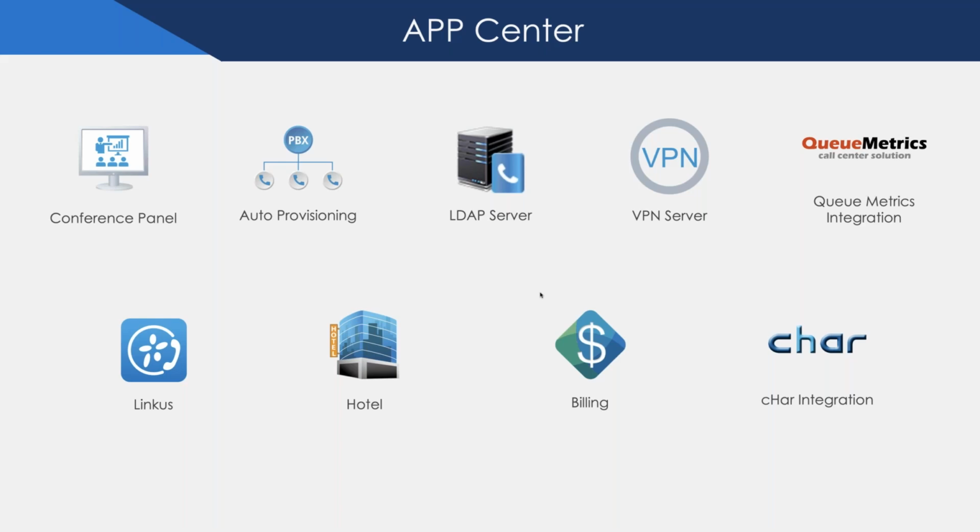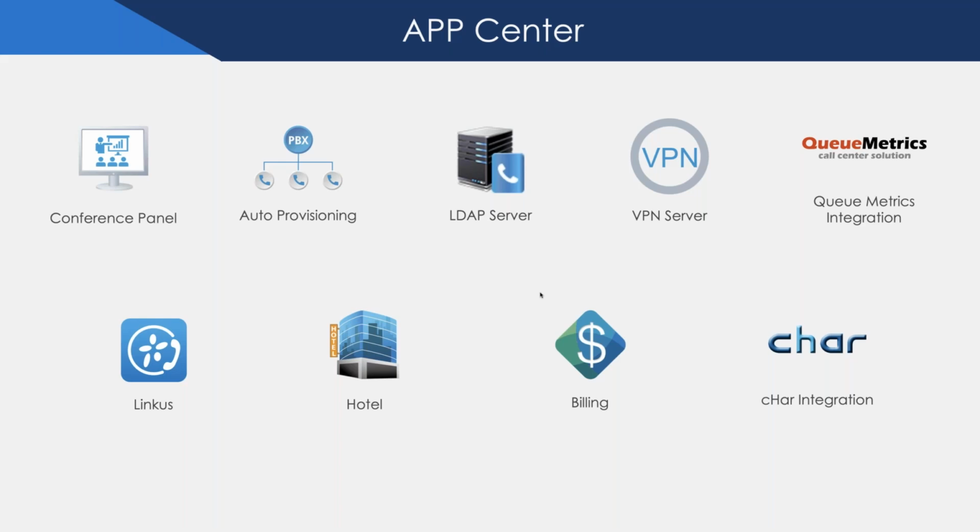Now, which basically means when we have a brand new system, it provides you lots of basic call features. All the built-in features are totally supported. So you can provide your customer a very basic telecommunication solution. But if they would like to have some advanced features, for example, a phone book feature or a VPN solution, they can get the app from our App Center.